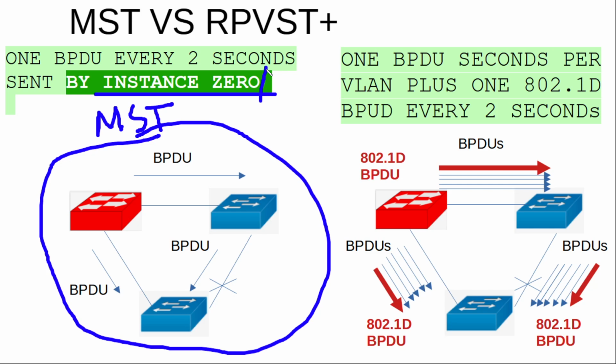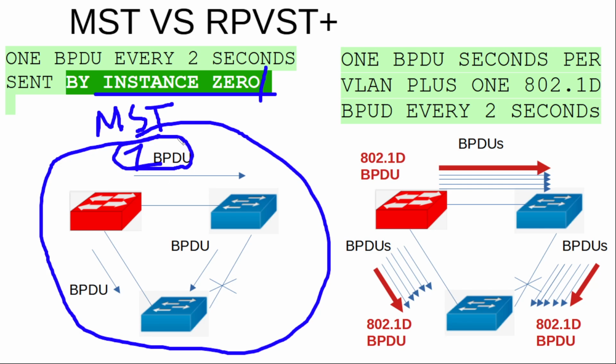You cannot delete instance 0. Instance 0 exists on all your switches. It exists on all your ports. You cannot get rid of instance 0 because instance 0 represents a topology. This topology represents a whole MST region. And this particular instance only uses 1 BPDU.